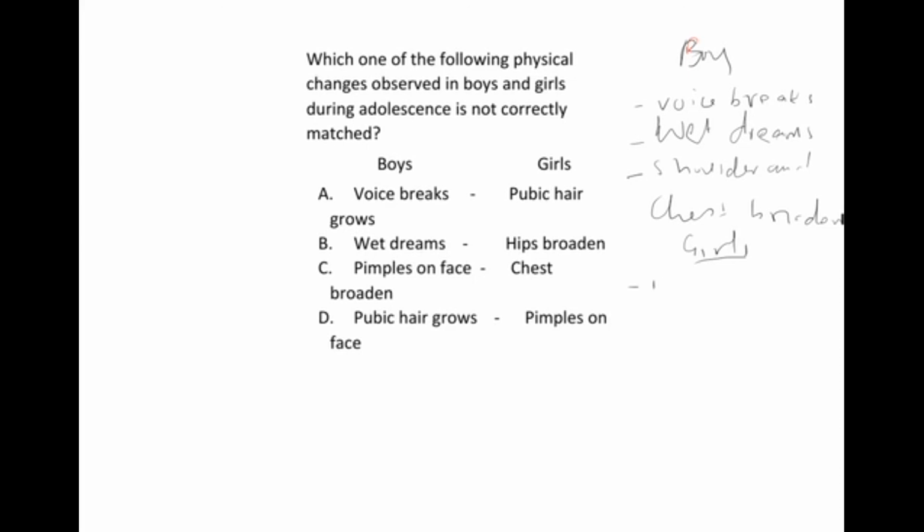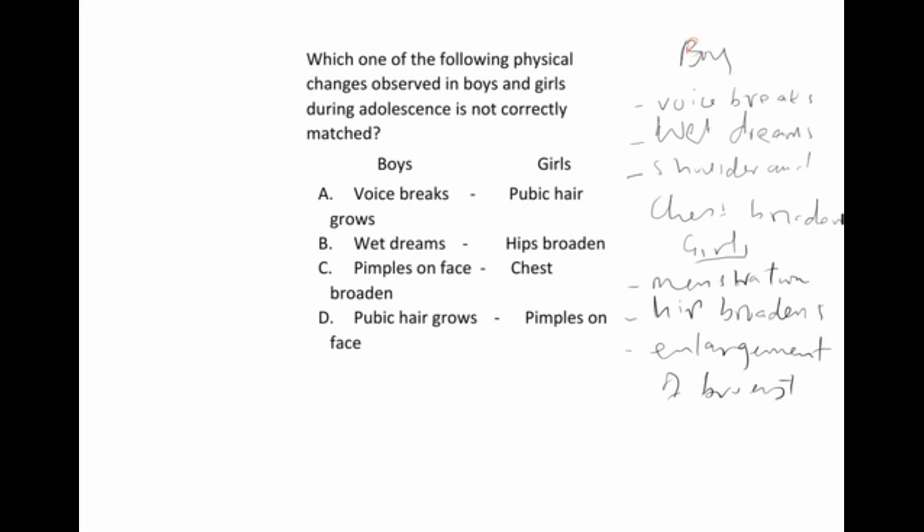One is menstruation starts as they produce mature ovum. Their hips broaden. And then we have the enlargement of the breast. So those are physical changes that occur to boys alone and girls alone.